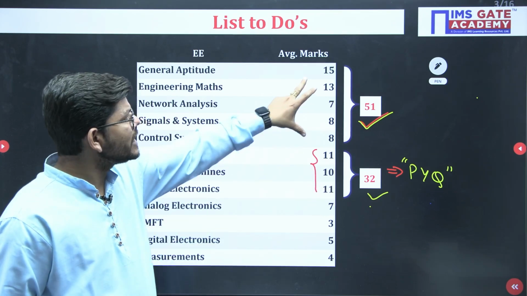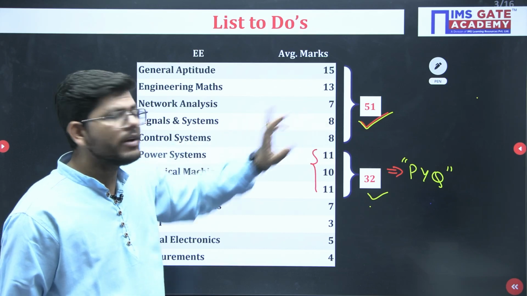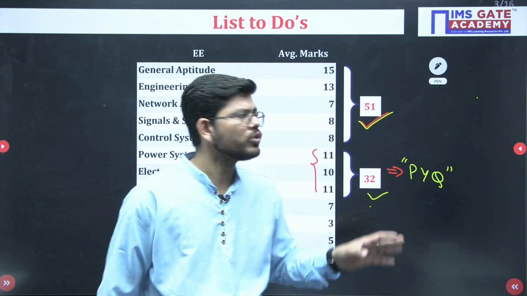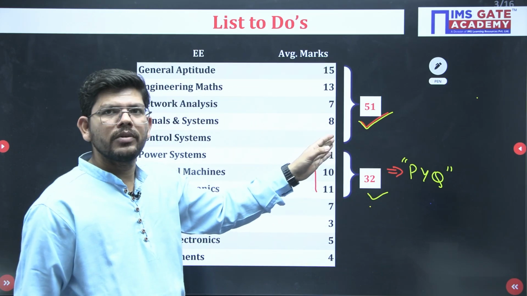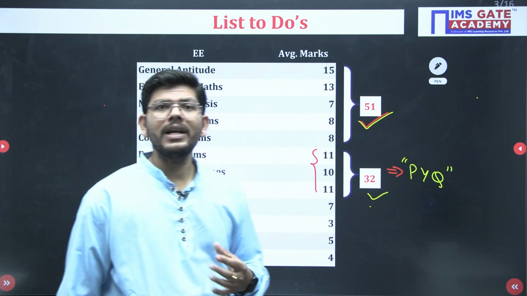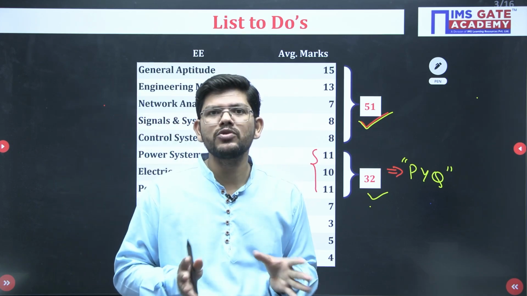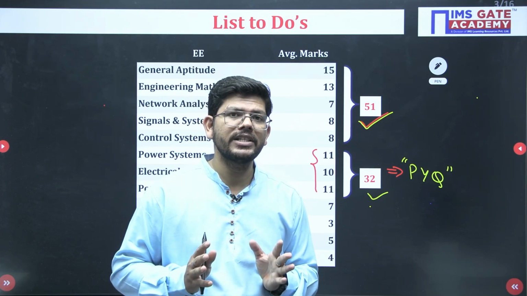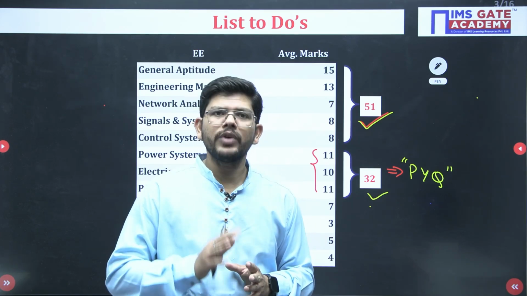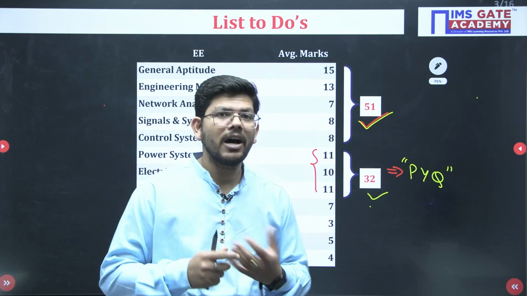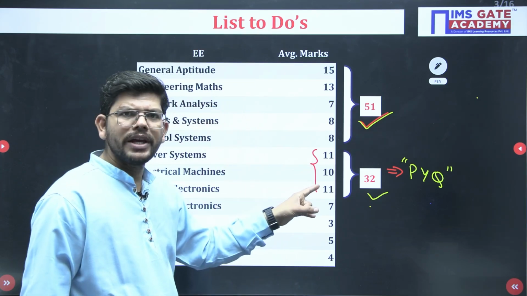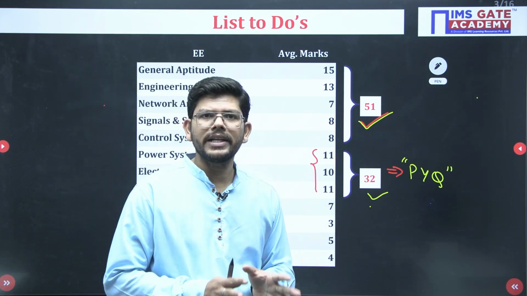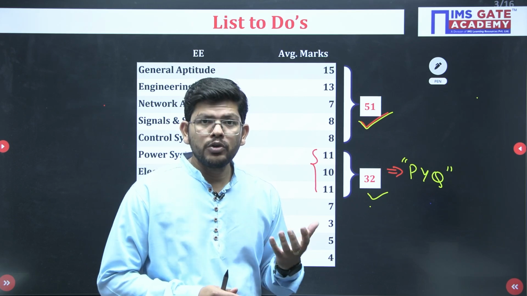Okay, so this set of subjects, 51 marks, comes in the easy category. It is very easy to score marks in these subjects. Core subjects are not an easy task to score well in, but if you have a better preparation strategy for these subjects, you can do better in them as well. And how is this possible? You must have covered the complete syllabus, but now is the time where you don't have so much time.